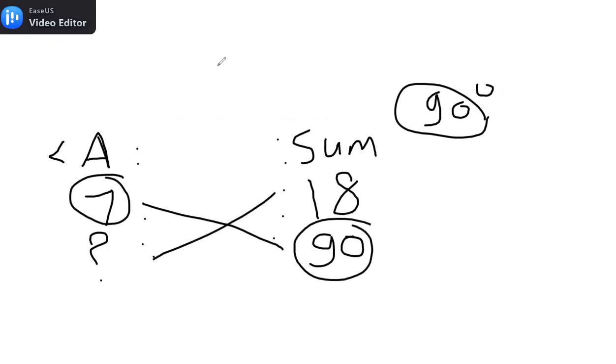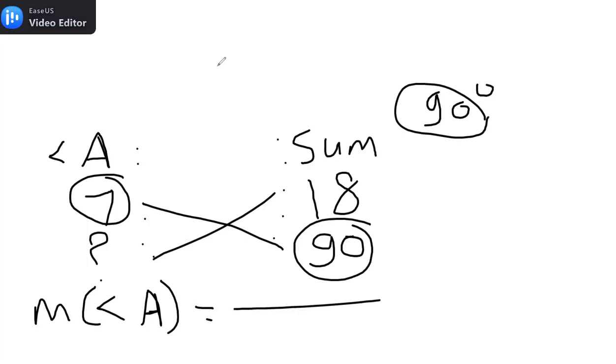These are the two ends that are there, so the measure of angle A equals 7 times 90 over 18.